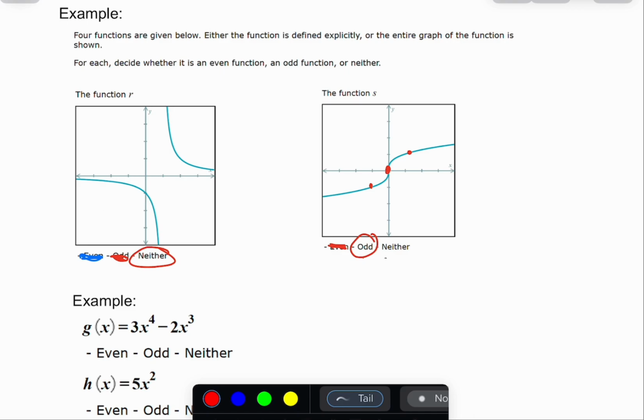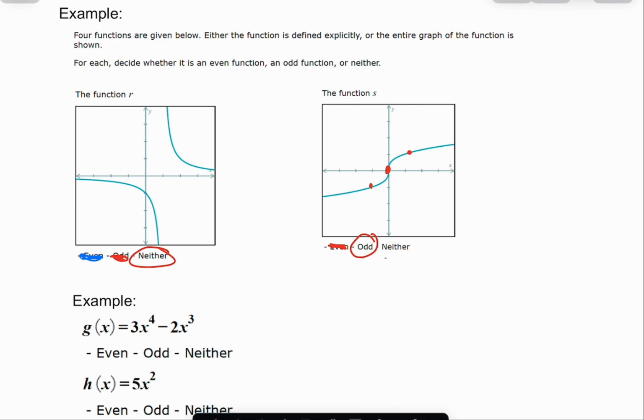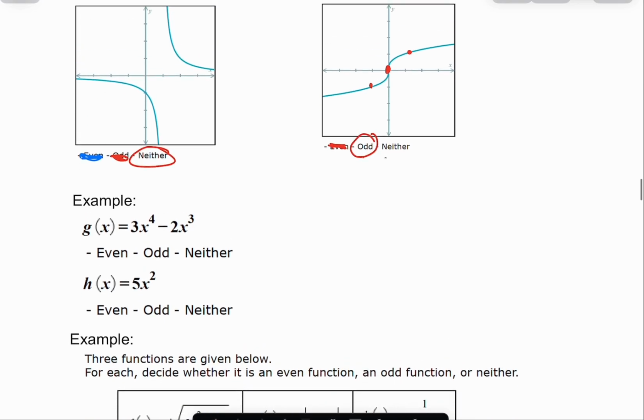Now, it's nice to be able to show this from the graph, but I want you to be able to show this algebraically. So that's where these two come into play. So we're going to test it by plugging in negative x.